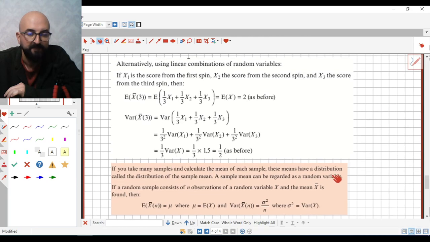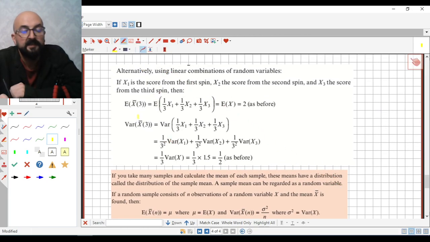We can say it another way: the sample mean of size 3 we can write as 1 over 3 x1 plus 1 over 3 x2 plus 1 over 3 x3. x1 means the outcome of the first spin of the spinner, x2 means the outcome of the second spin, and x3 means the outcome of the third spin, and the sample mean of size 3 we can also write here.